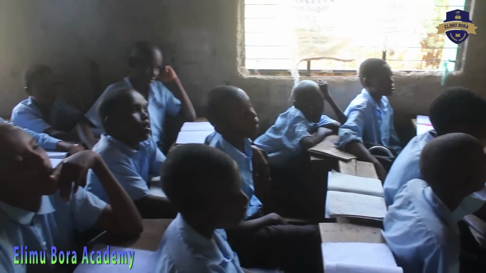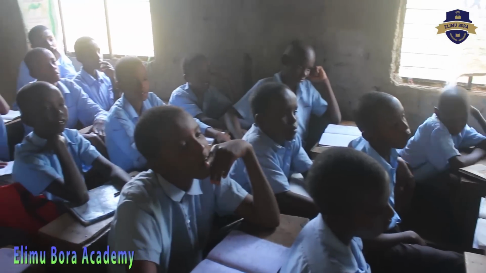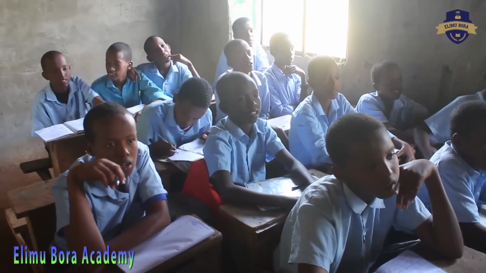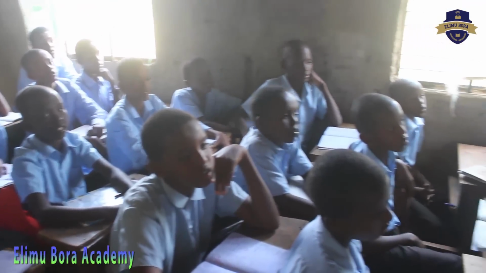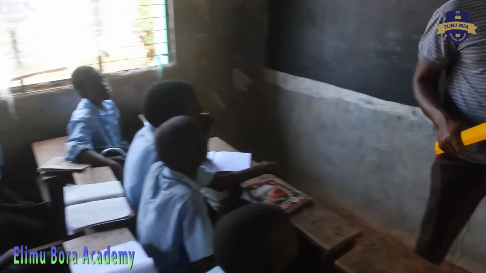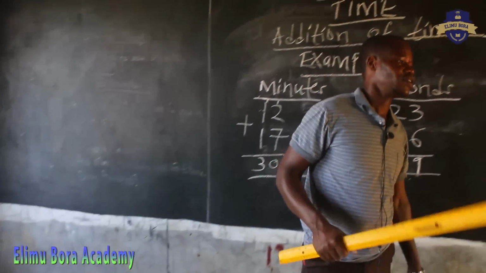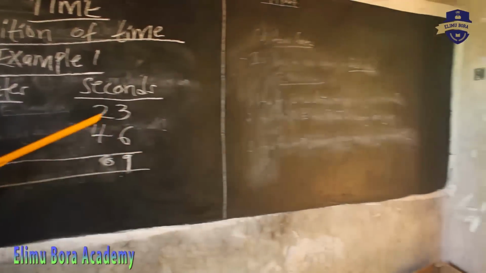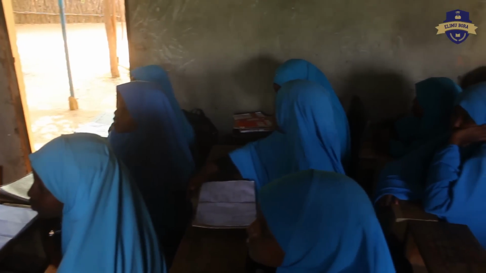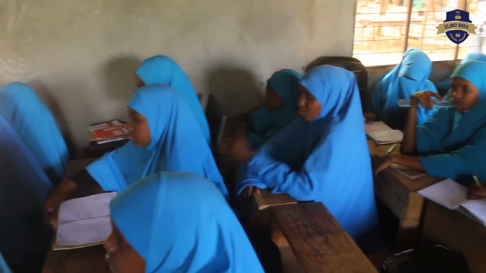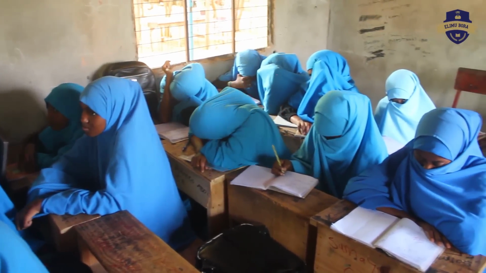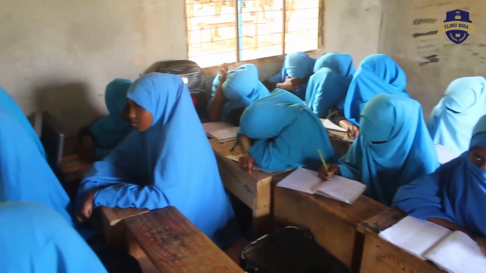So what I have just said: here we have the units, minutes and seconds. When you are adding seconds, it should not exceed 60. When we added these seconds, we found that it is 69. From there you subtract 60, because 60 seconds is the same as 1 minute.